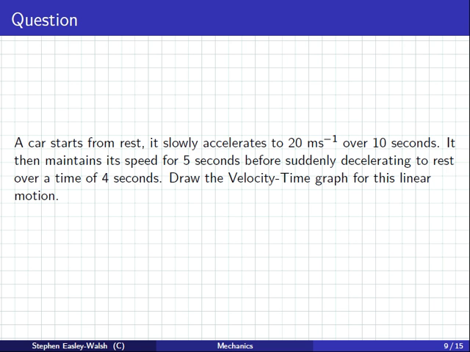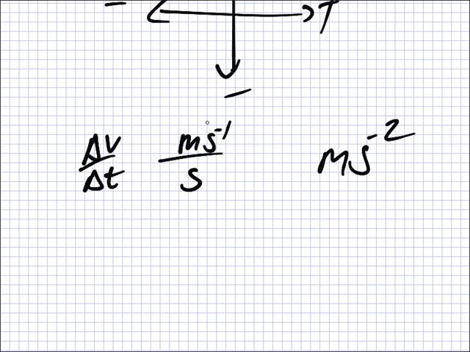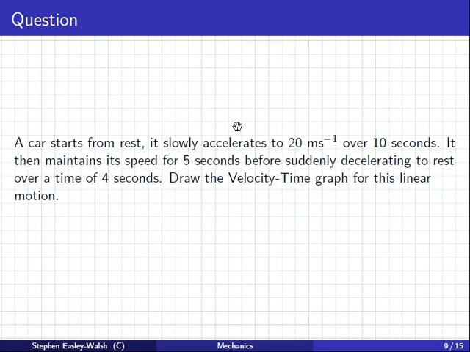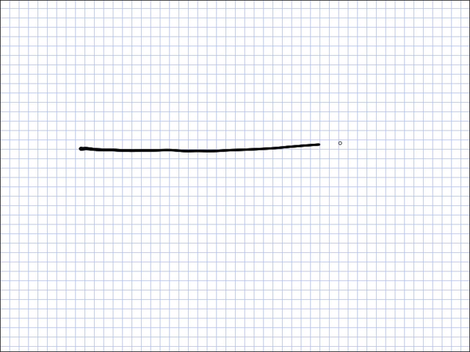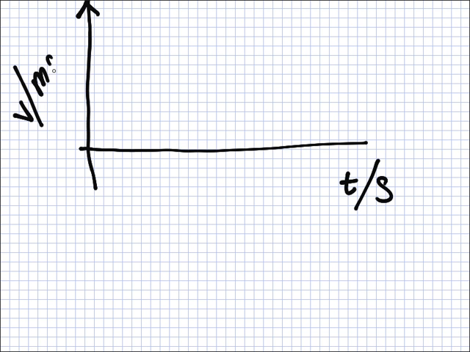Got that? Will we have a look at it? So, I should hope you have this. There's the time in seconds, and here is the velocity in meters per second.